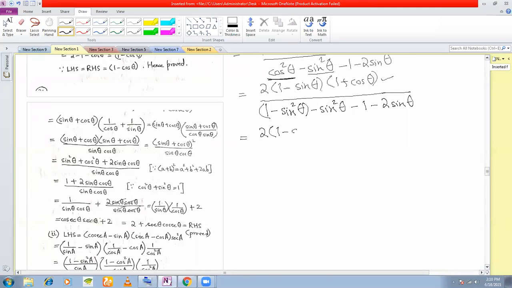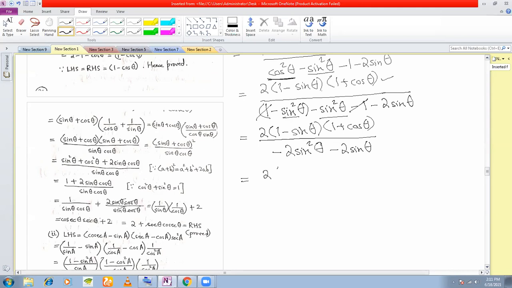Numerator, you keep it as it is, twice (1 minus sine theta) into (1 plus cos theta) divided by, now if you see that in the denominator, you have 1 and you have a minus 1. So this plus 1 and this minus 1 will cancel. And this minus sine square will give you minus 2 sine square theta minus 2 sine theta.